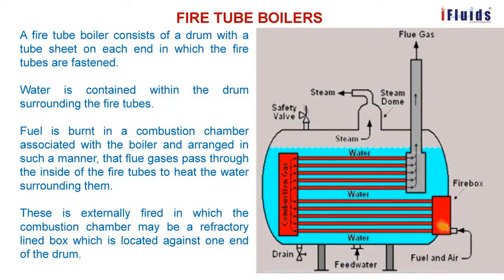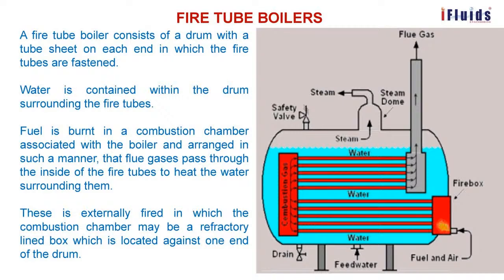This is called the firebox or burner zone, where it catches fire. The products of combustion pass through these tubes and exit through the flue gas stack. As they go through, the water gets heated by heat transfer, becomes hot and turns into steam.